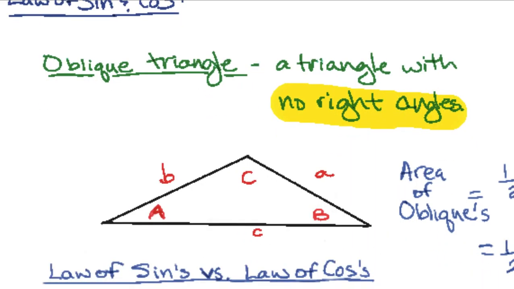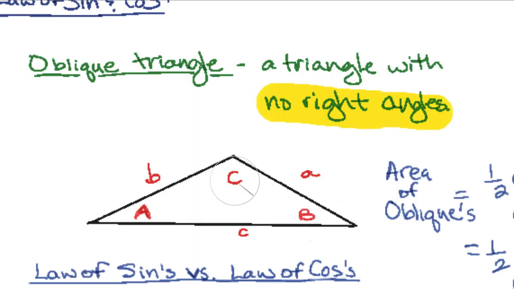And this is a basic depiction of the triangle. Notice that the angle is always the same letter as the opposite side. One of them is uppercase and the other one's lowercase. Sometimes you might see Greek letters with these where A is alpha, B is beta, and C is gamma.